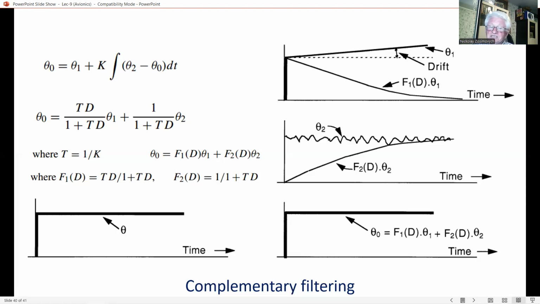Other errors, such as a bias error, may require a third integral term to be added to the system, leading to a third-order mixing system, and so on. It can be seen with these simple examples that the complementary filtered output is superior to either source on its own.